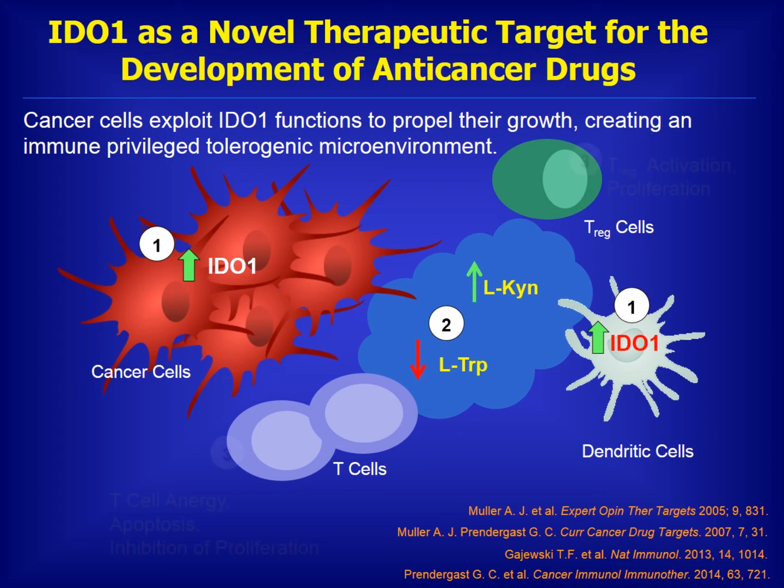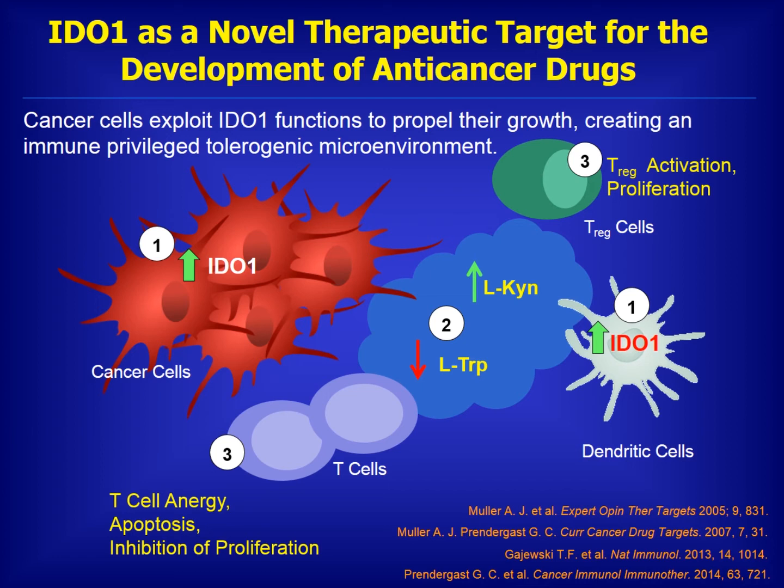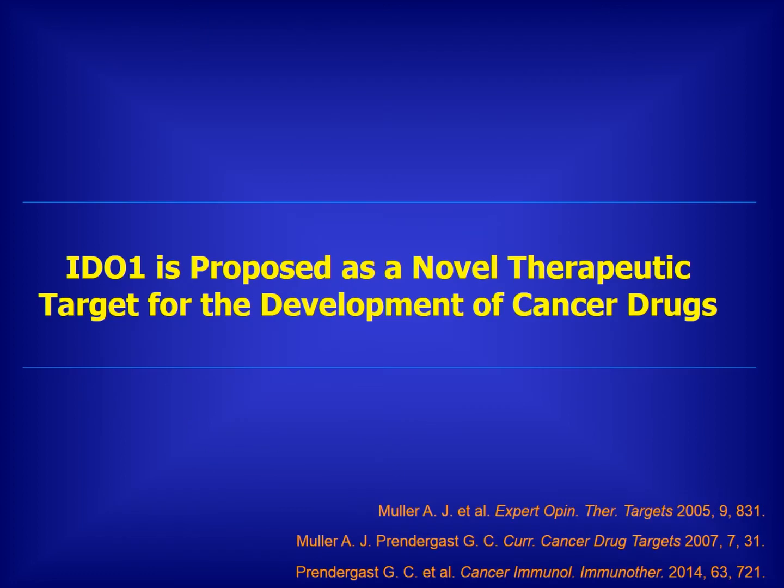Then L-kynurenine promotes, in T cells, activation and proliferation of T regulatory cells and T cell anergy, apoptosis, and inhibition of proliferation. On the basis of this evidence, it has been proposed that the enzyme may indeed constitute a novel therapeutic target for the development of cancer drugs.